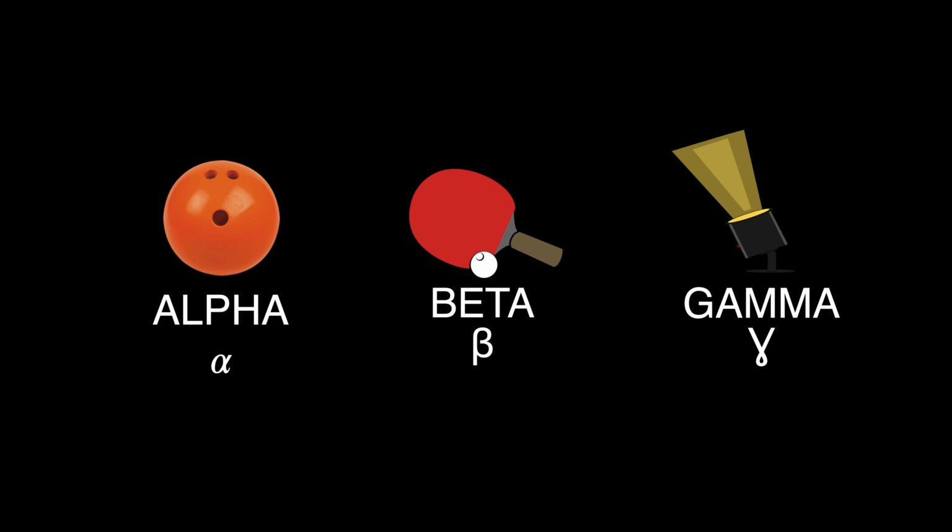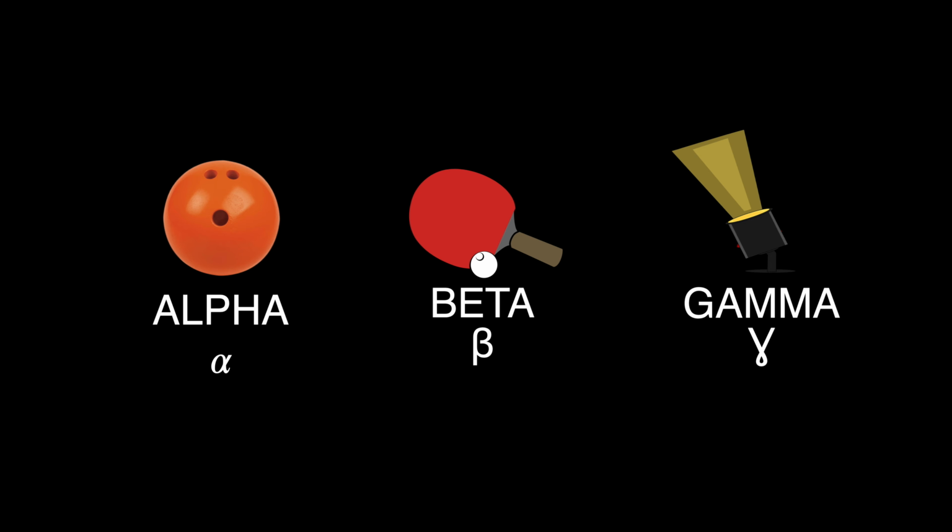So, here we have alpha, beta, and gamma. The first thing you can notice is the symbol of each. Alpha particles are like a bowling ball, extremely heavy and relatively slow.